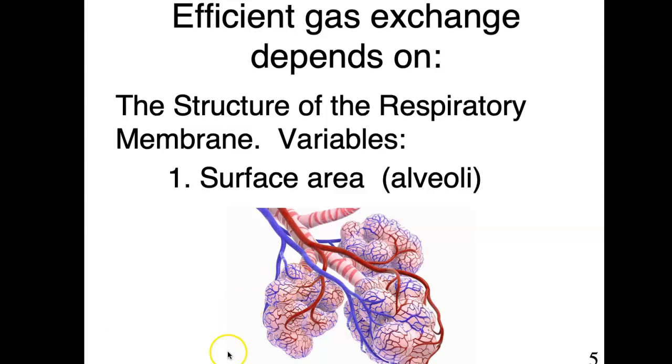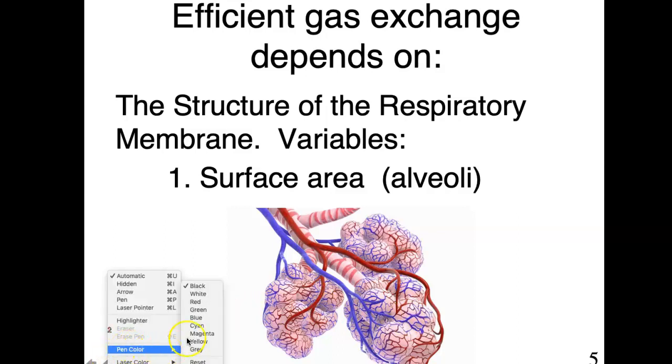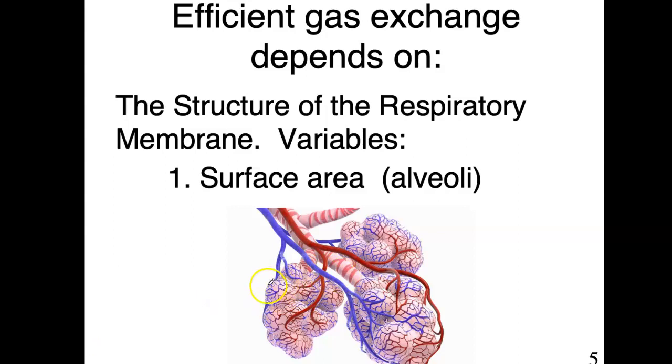So think of all the alveoli, of all these little balls, and if you have them all intact and functioning well, then you're going to have a huge surface area that's going to allow you to utilize all that surface to capture that oxygen.